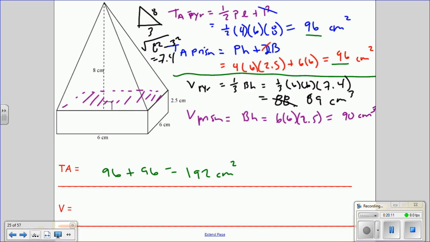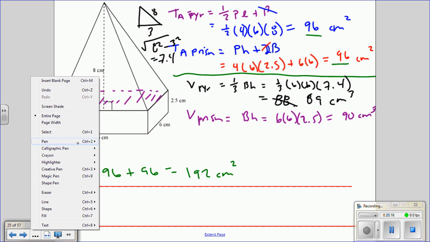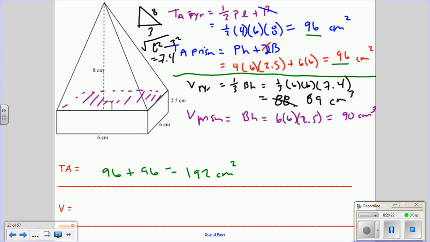And now to find the total volume for the composite figure, we take 89 plus 90, which is 179 centimeters cubed.